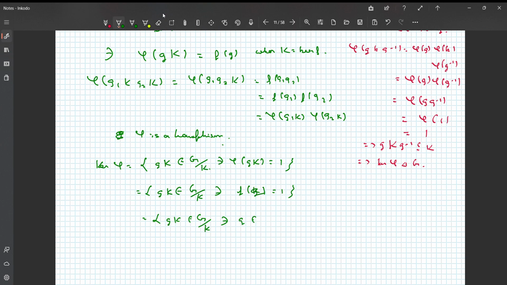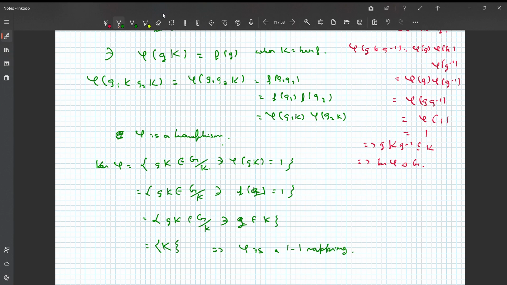So F of G equal to 1 means G is in the kernel. But if G is itself in K, then the elements GK form the whole subgroup K, right? So this is equal to K. And K is the identity of the quotient group G mod K. So kernel of phi is the identity. So that means phi is a 1-1 map.